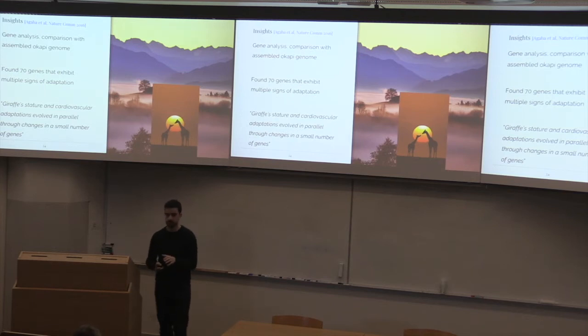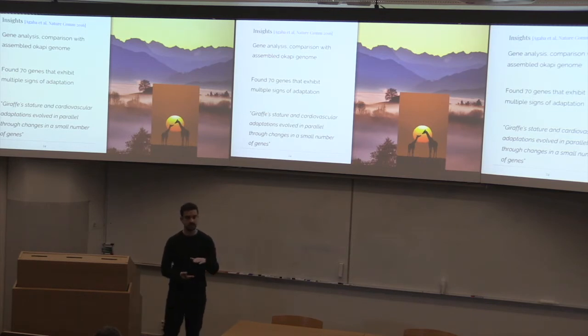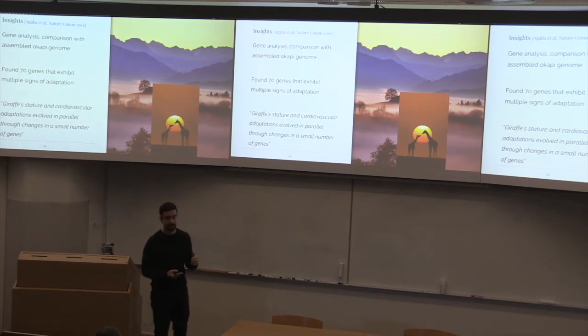And in the end, using those 2 assemblies and also the cow genome and some annotations for the cow, they were able to find 70 genes that showed multiple signs of adaptation related to the long neck of the giraffe. So those genes are putatively the ones which make the giraffe have a long neck, because the giraffe has it, and the okapi, which is basically a giraffe with a short neck, doesn't have them.